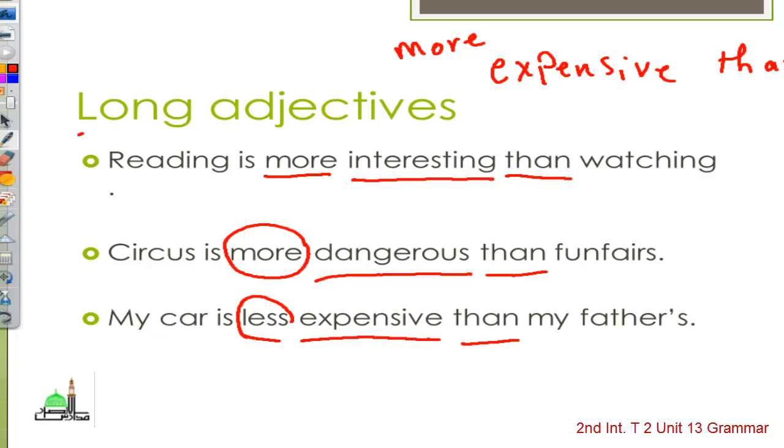So with long adjectives, I may use more or less, and I write the adjective as it is. Then I need than: more expensive than or less expensive than. That's what we call long adjectives, and how to deal with them in comparison. Let's go to another kind.